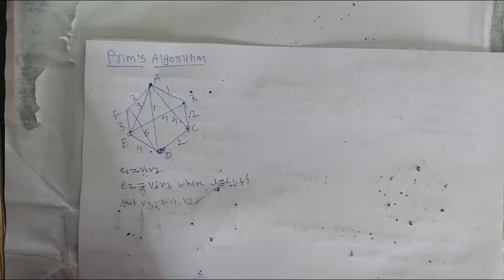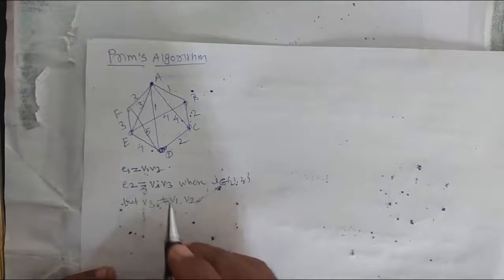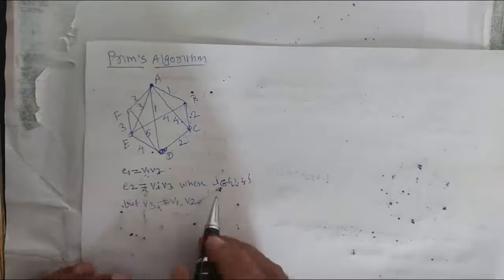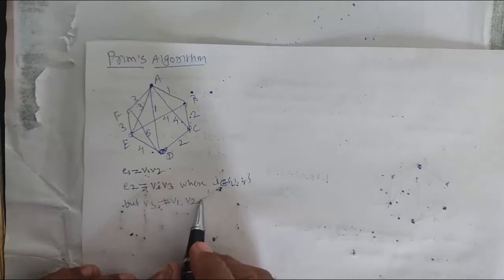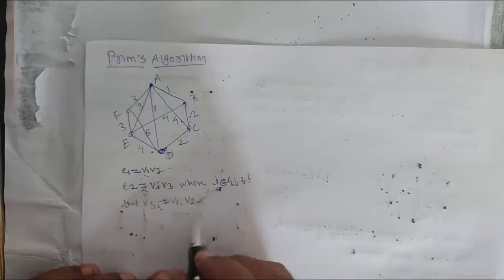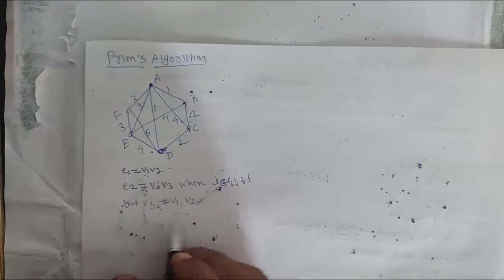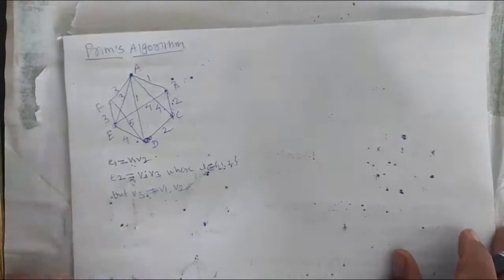Then at this stage we are involving each of the n vertices of G. The resulting subgraph is connected and acyclic, so it is a tree. This is a spanning tree of G and this is the minimal spanning tree.